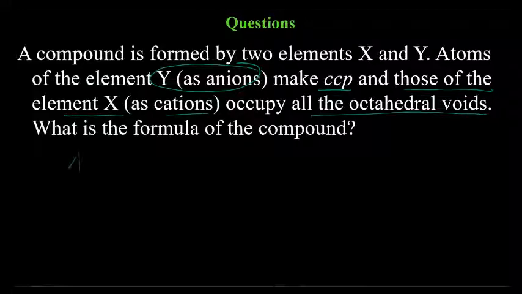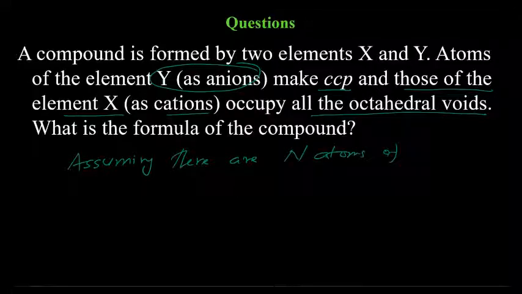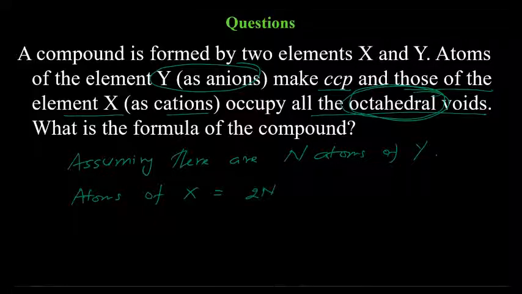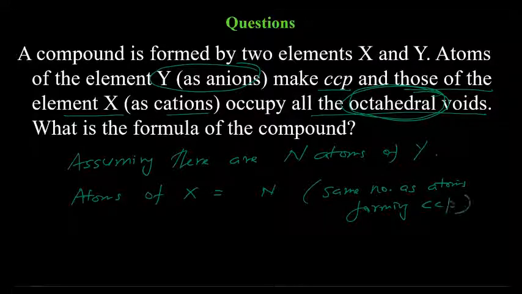So you will say, suppose, assuming there are n atoms of Y, then atoms of X will be, remember X octahedral voids, n, because this is octahedral, same number as lattice points or CCP atoms forming CCP.